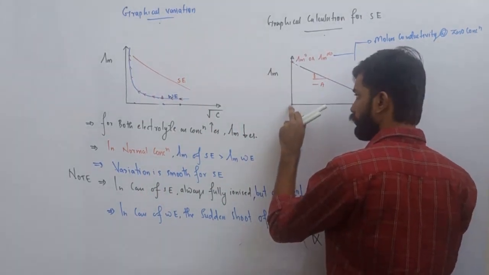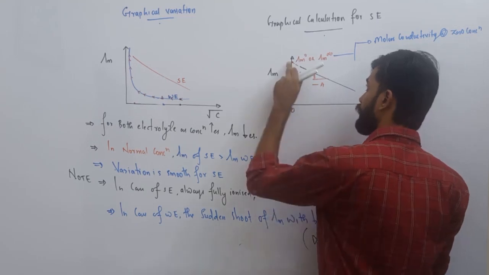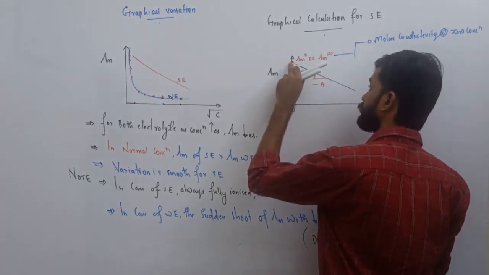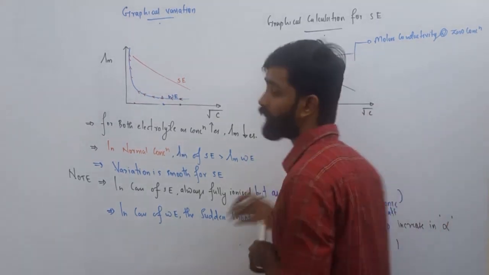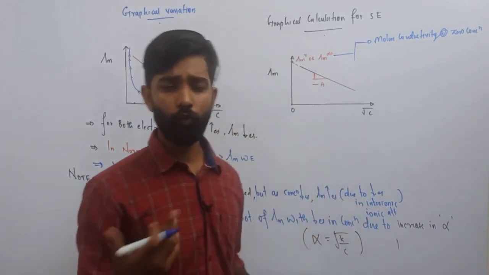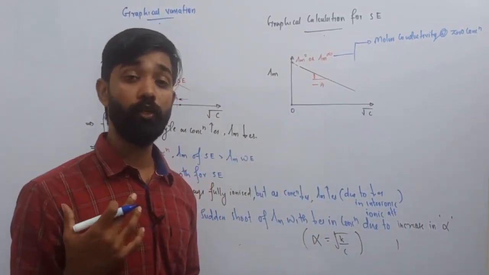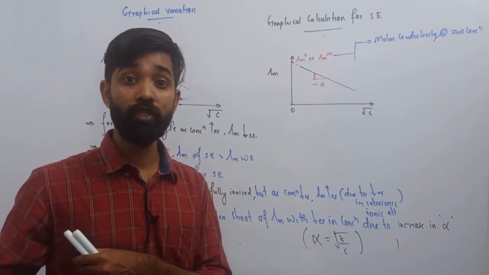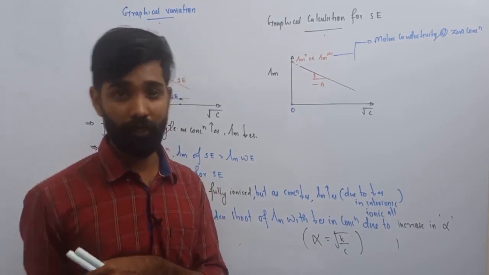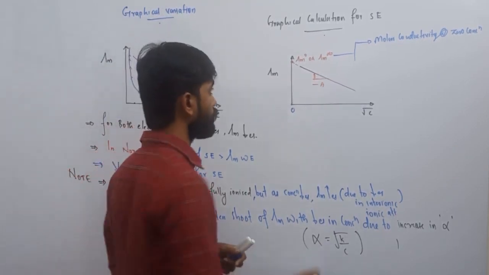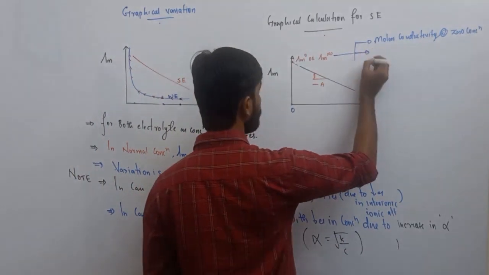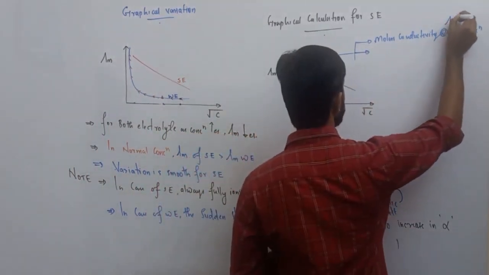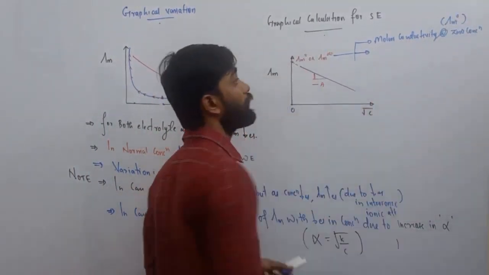If the concentration is 0, then what is the molar conductivity? That is the term lambda m0. The concentration tending to 0 means the dilution tends to infinity, the maximum dilution, infinite dilution. So lambda m0 stands for the molar conductivity at zero concentration.